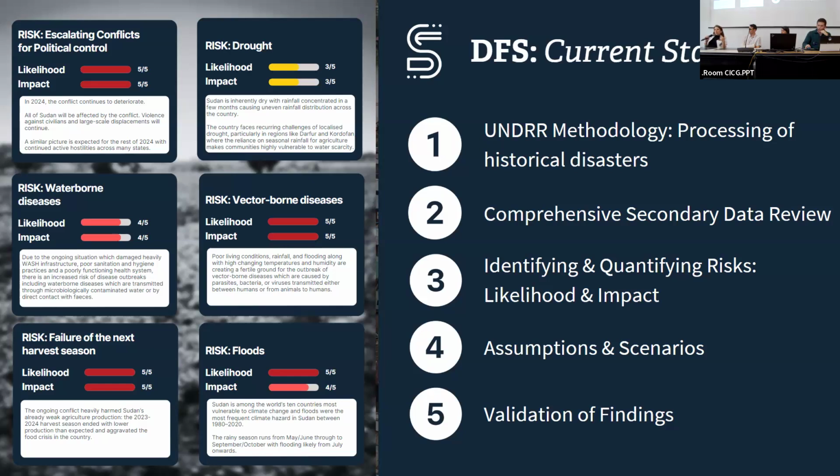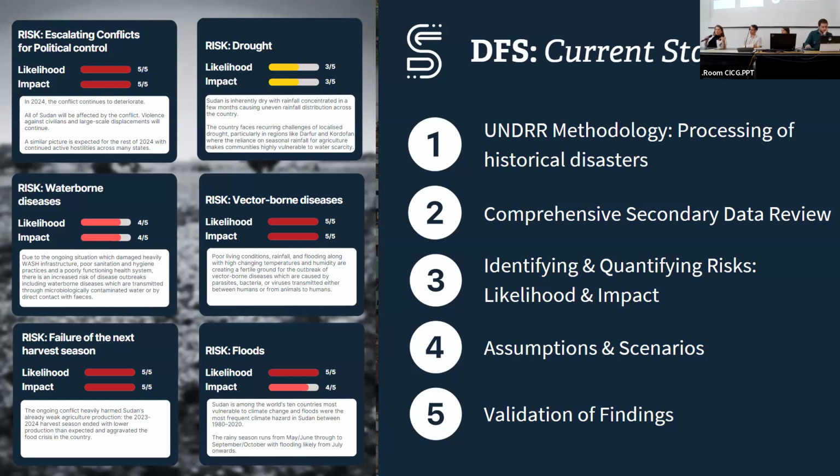Again, following the categories of the JIAF, so contextual analysis on political, economic, environmental, social, technological, demography, security, legal, and policy aspects. This really helps us understand where the country is at and what are going to be the factors and drivers of risks in the future. So once we've done that through the DEEP and other sources, of course, we draw a timeline of events, again following the UNDRR methodology.